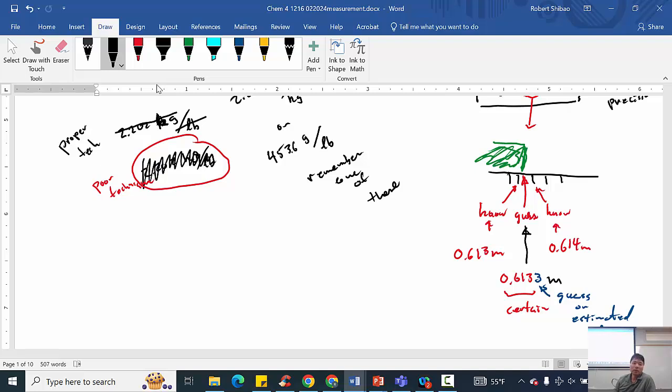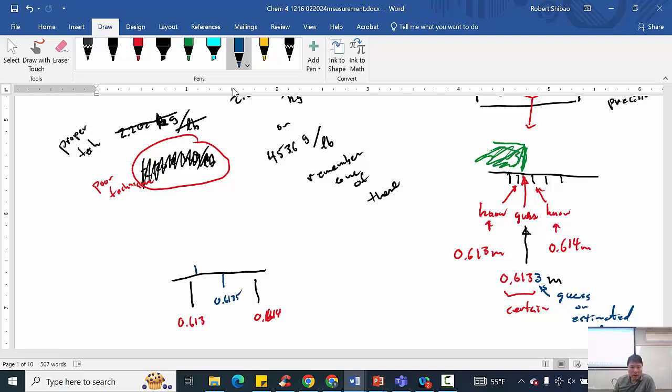Does that make sense how I guess that? Yeah. When I guess it, I try to divide the space here. If I know that this is 0.613 and this is 0.614, then I try to divide the space. Right in the middle, I'm going to call that 0.6135.